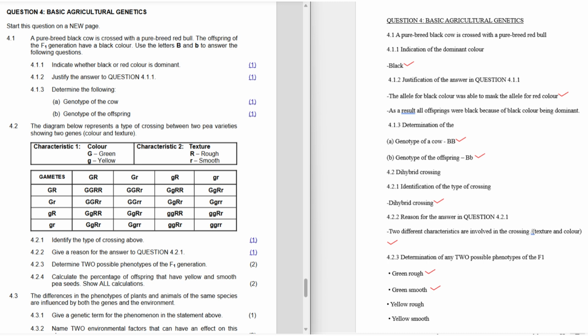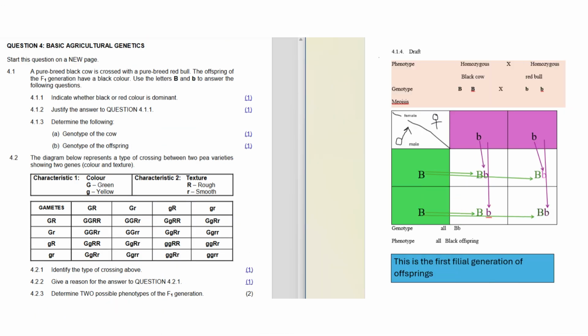Why am I saying the cow has to be homozygous dominant? It has to be homozygous dominant so that it will be able to mask the recessive allele of the red color. Let's do a short sketch on the side so we can see what we're talking about.